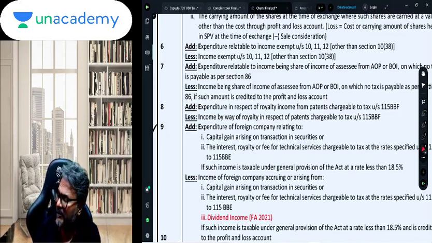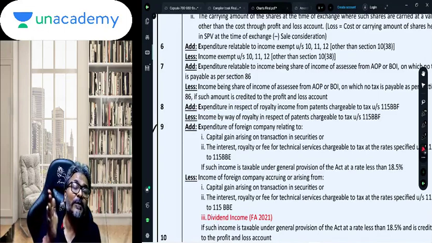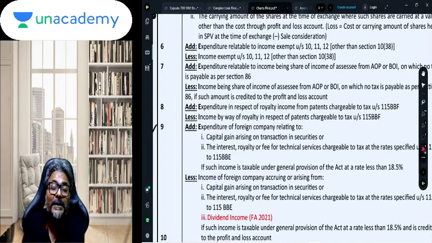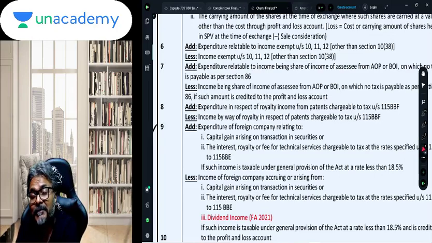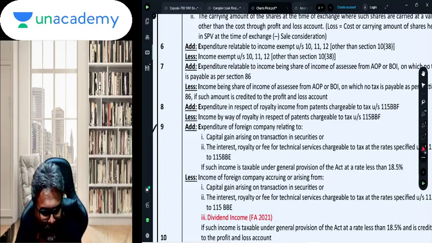Then the share of profit received by the member from this particular AOP will not form part of the book profit, just to have a uniformity in the adjustment, the way we do the adjustment for the share of profit received by the company being the partner of a partnership firm. So same is the concept that is extended to the share of profit received by a company being a member of an AOP. So that is how the things have to be looked upon.